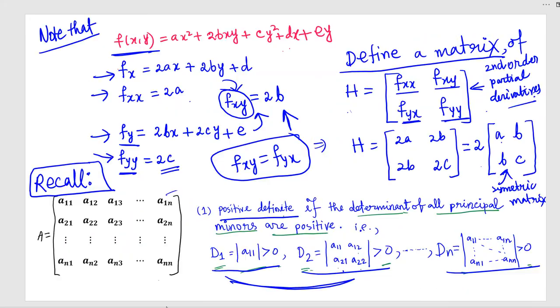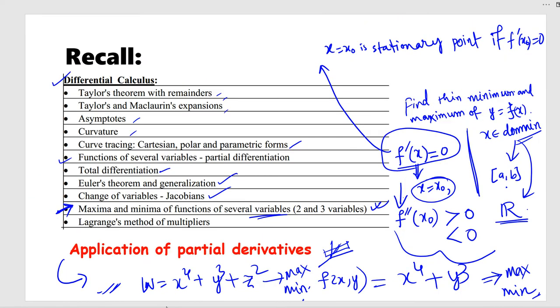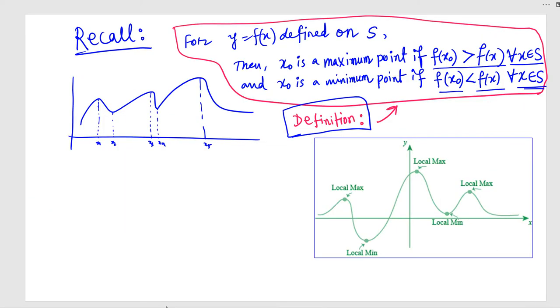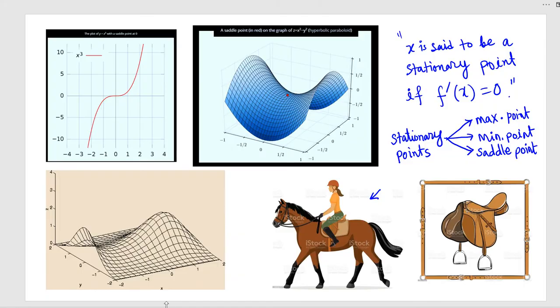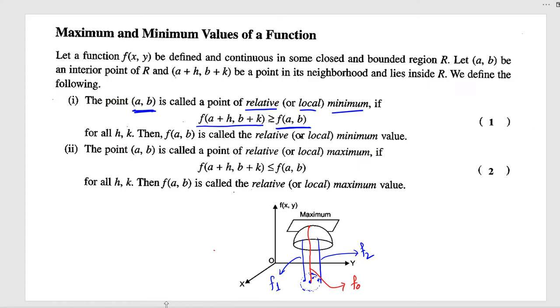In fact, if you remember the first definition, I have been talking about strict minima and strict maxima. Here also you can write less than or equal to. There is nothing wrong with writing strict less than.